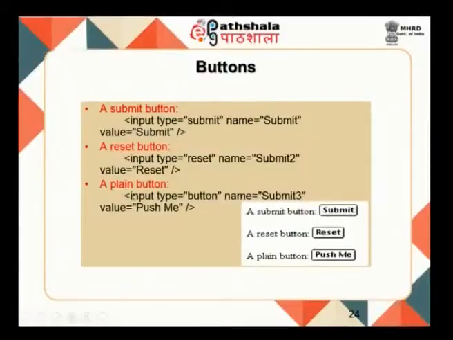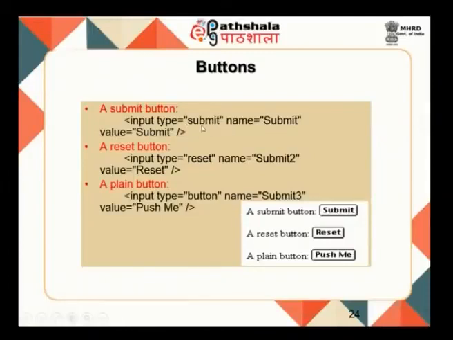And to create buttons, we have a submit button, a reset button or a plain button. Any of the buttons can be created using the input tag. Here you can see input, type equal to submit, name equal to submit, value equal to submit. So, the type of the button is going to be submit.